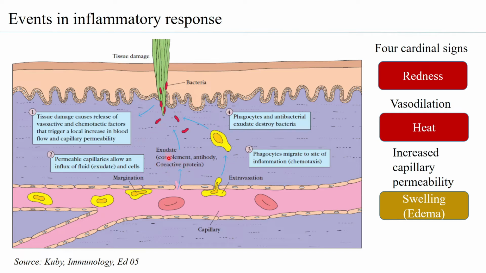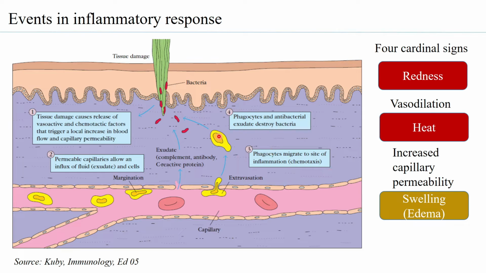Now, what is happening after this is that because of the presence of the phagocytes, when you have the cells from the blood entering the tissues, these phagocytes get further attracted towards the site of injury or towards where you have a large population of microbes through a process that is called chemotaxis.